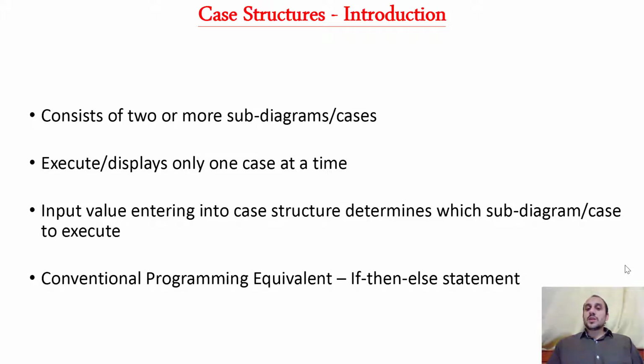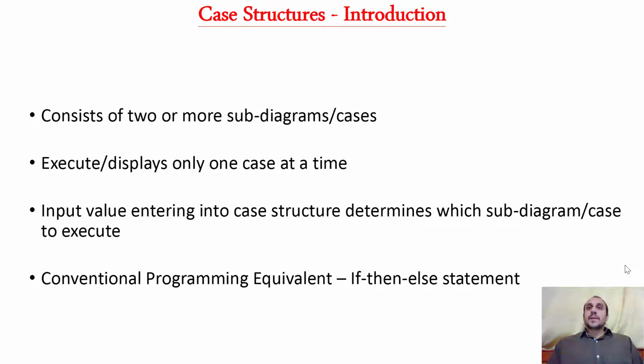It means you have a set of code which will be executed when the condition is true, and a set of code which will be executed when the condition is false. Whenever you look at the block diagram, this case structure will appear on the block diagram, and you can see only one case at a time.